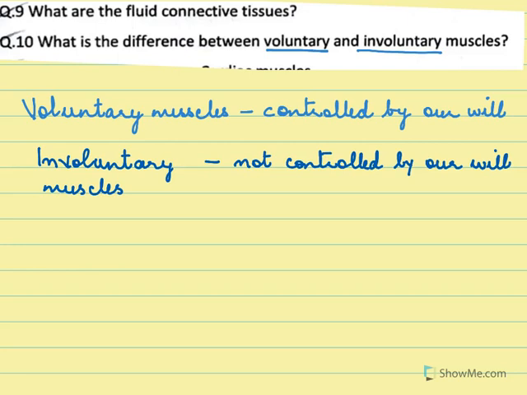An example of voluntary muscles are those of our limbs, our hands, our legs. Involuntary muscles are those of our heart and our intestines. We have no control over them.